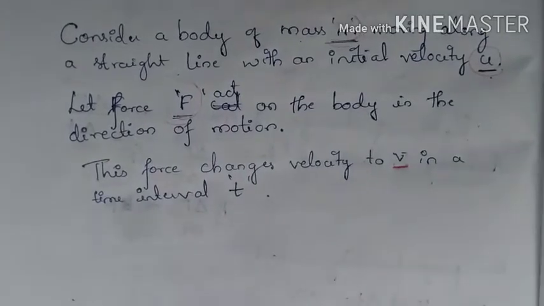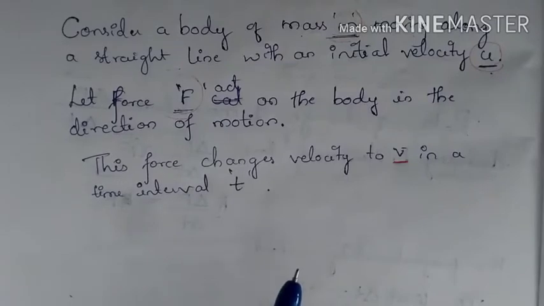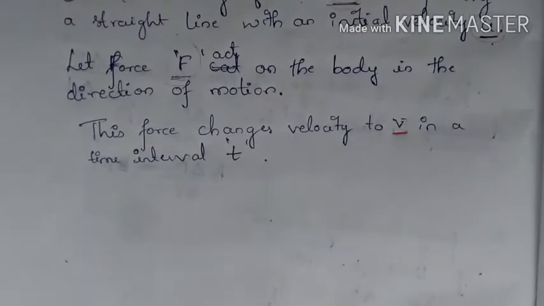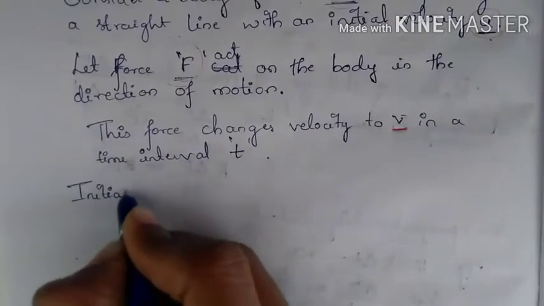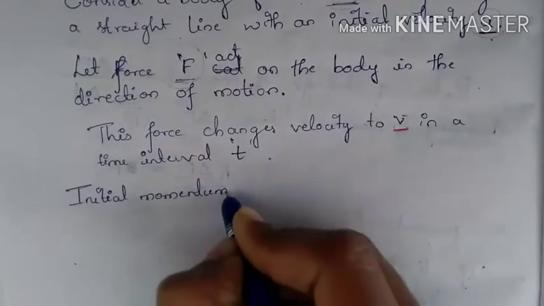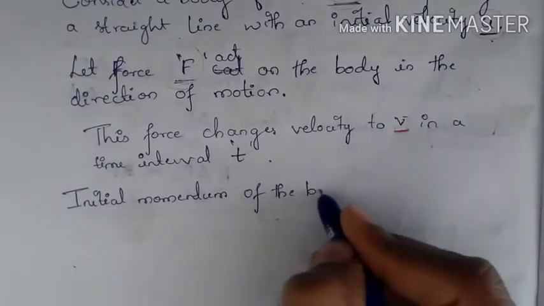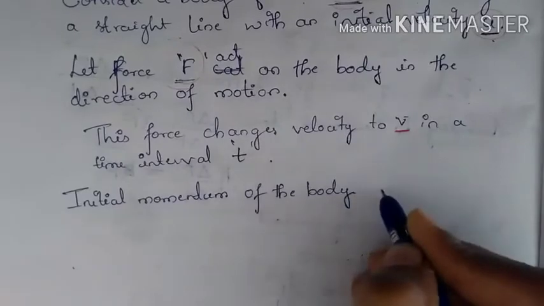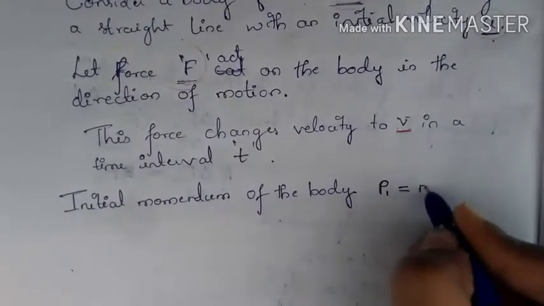So next, what is momentum? Momentum is the product of mass and velocity. So let us write the initial momentum of the body. Let us denote it with P1, which is equal to mu.